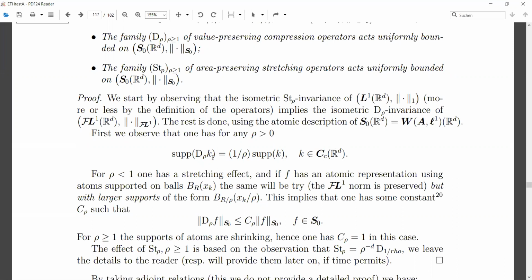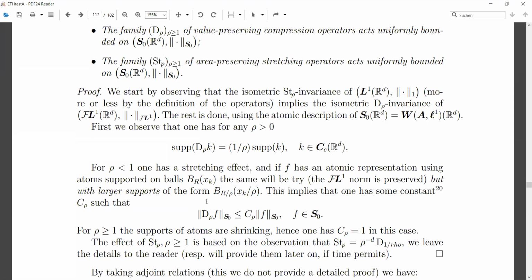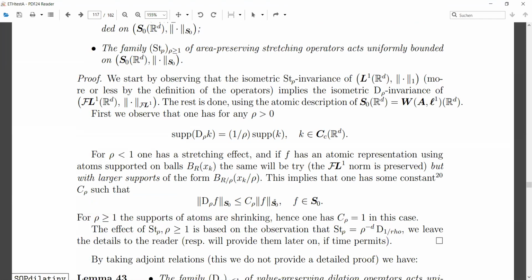And because of this dilation effect, of course, we will get them in smaller balls around other centers. I mean, the center is also moving, but these are free, they are floating, that's no problem. And that, of course, means that for any atomic representation of the function f as a sum of atoms, we get another atomic representation, which is even potentially better, and we can estimate this.